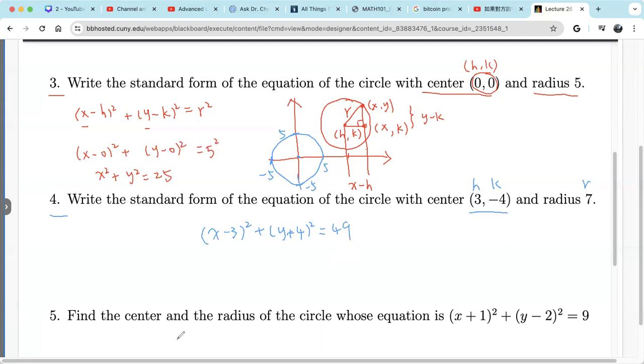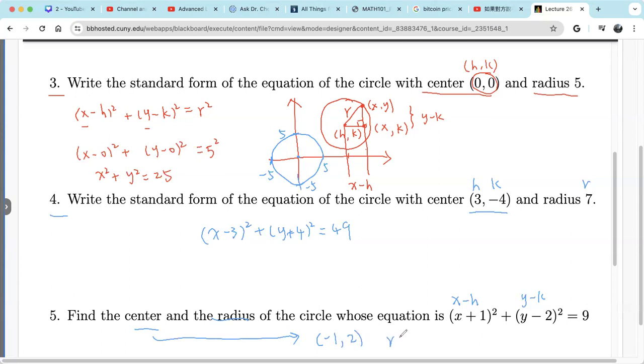Let's see 5. We're given this circle equation and we want to identify the center and the radius. Remember, it's x minus h, y minus k. So minus -1, h equals -1, and k equals 2. So the center is at -1, comma 2.